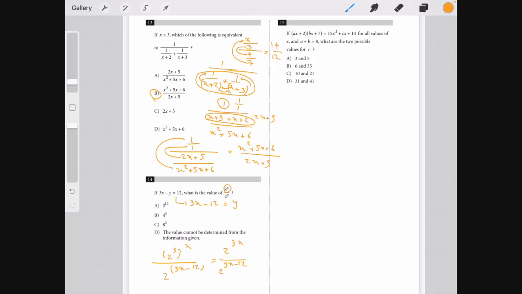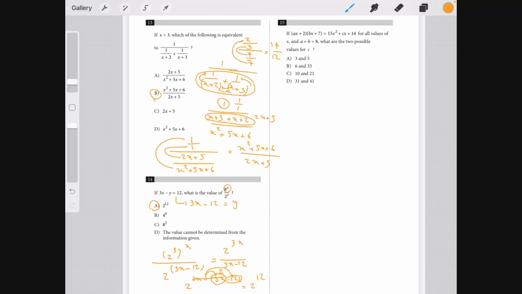So it's 2 to the power of 3x minus (3x minus 12), which equals 2 to the power of 12, because this minus distributes, making one positive and one negative. 3x minus 3x cancel out, so we'll have 12.